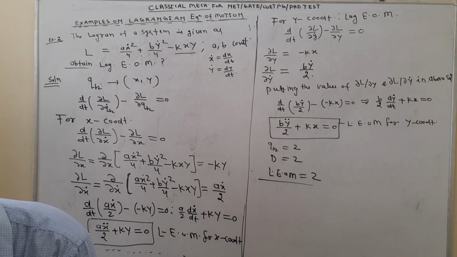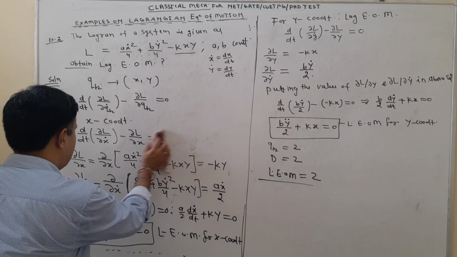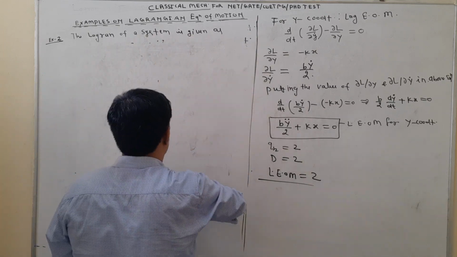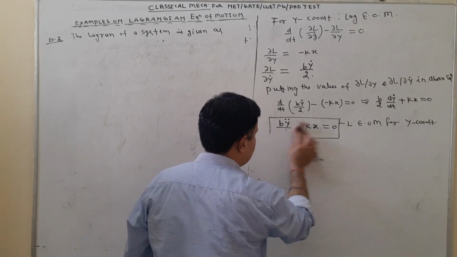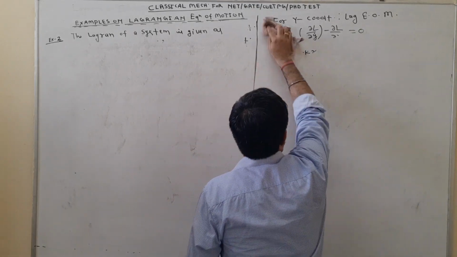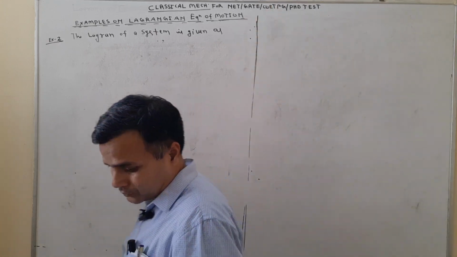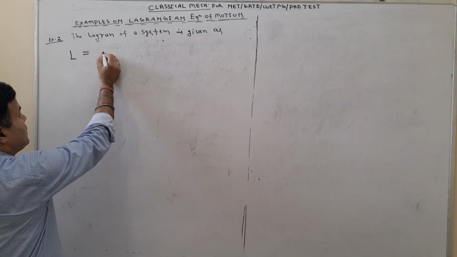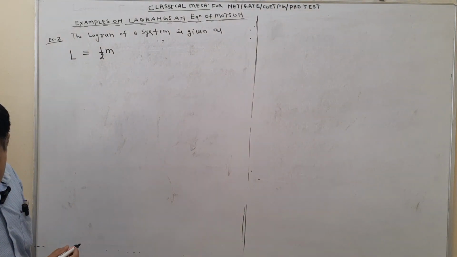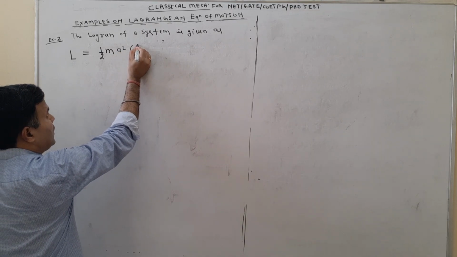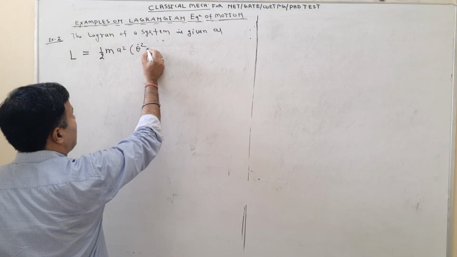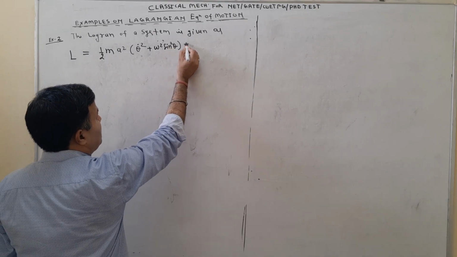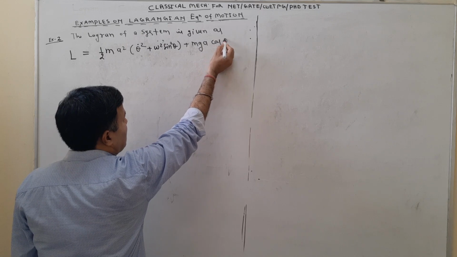We have another example in which the Lagrangian of a particle of mass m, so the Lagrangian of the system is given as 1 by 2 m a square theta dot square plus omega square sin square theta, plus mga cos theta.